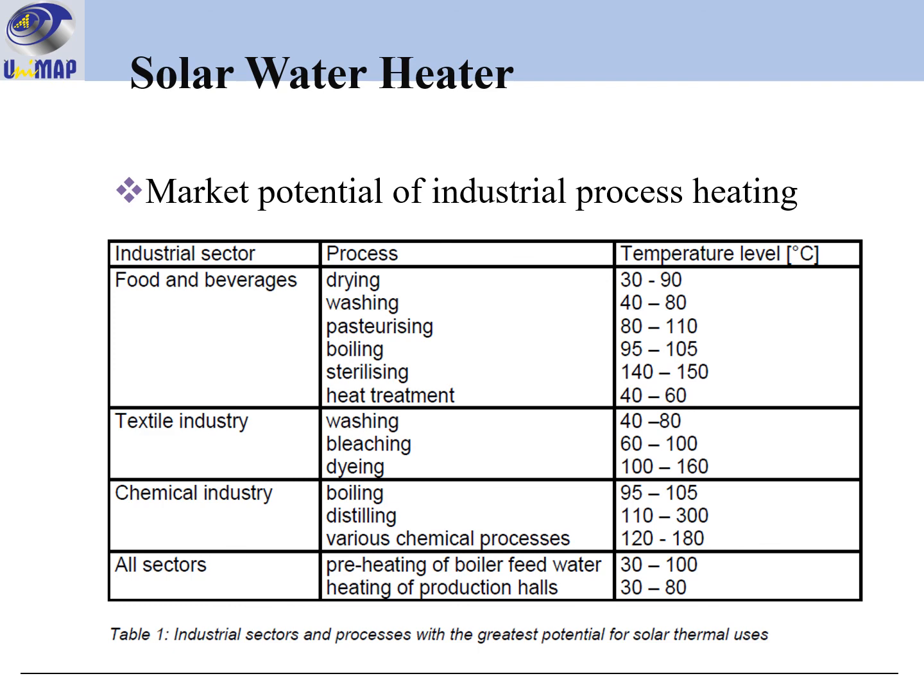The same with the textile industry, chemical industry, and all other sectors. So this table just mentions that there are some processes that need heating, and if we can utilize solar energy and have a proper solar collector, we can cover all of these industries.